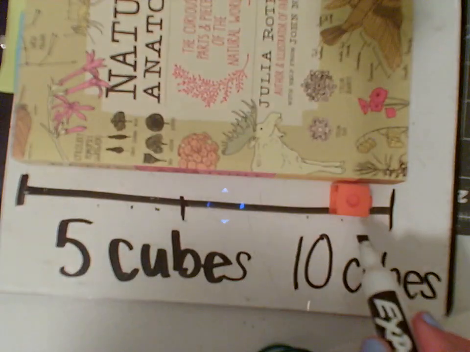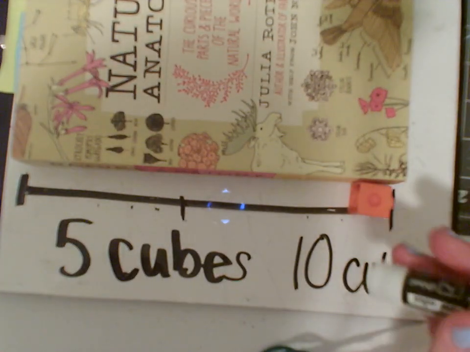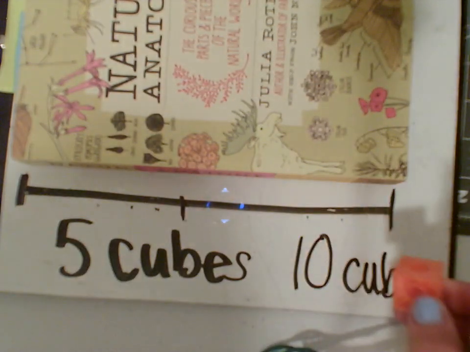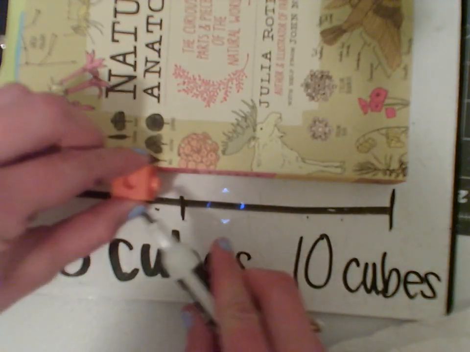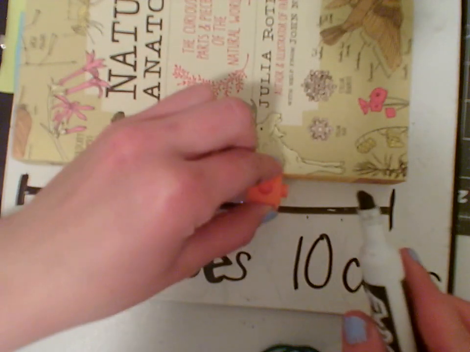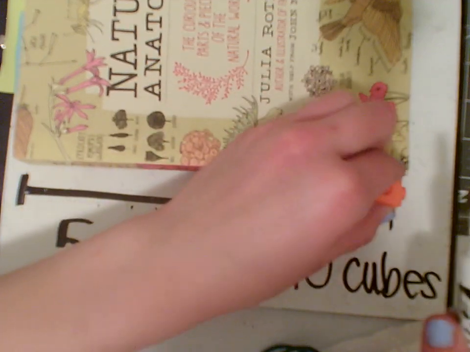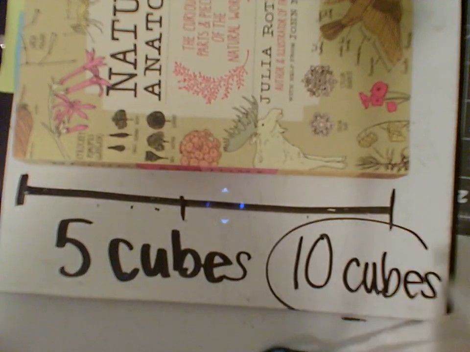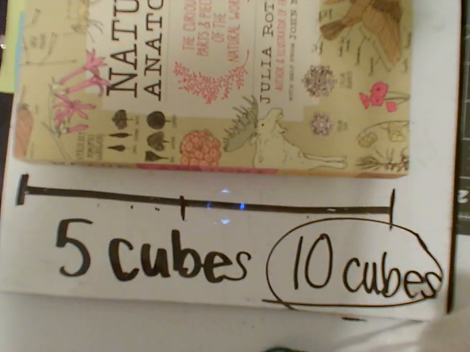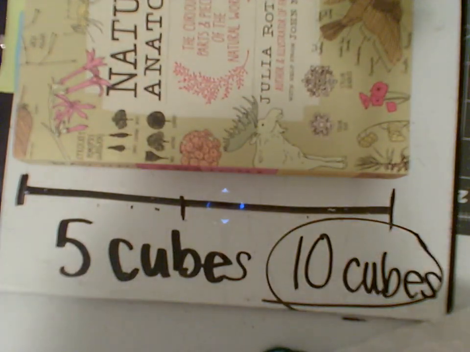Oh, all right, so that was 5 more cubes. So that was 10 total cubes. 1, 2, 3, 4, 5, 6, 7, 8, 9, 10. That is about 10 cubes long. So this is what we're going to practice today, is comparing different lengths to determine which one is more reasonable.